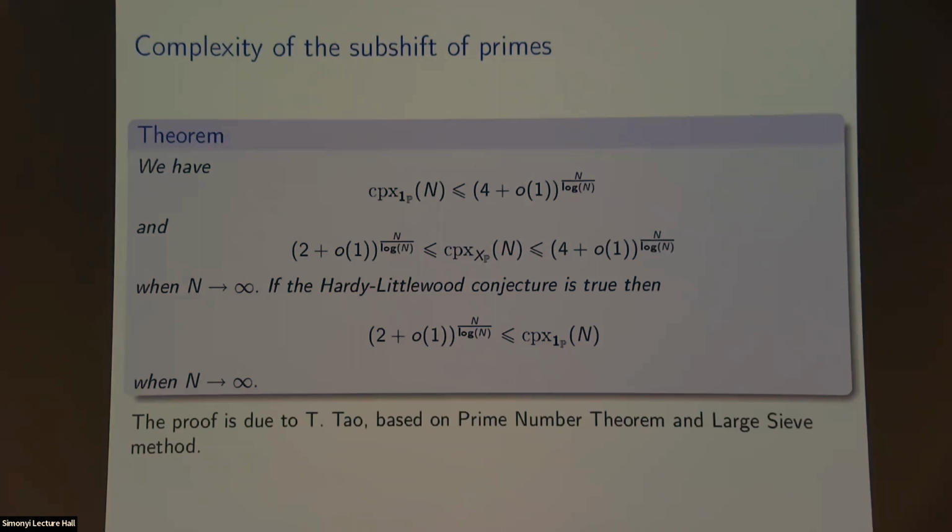This was communicated by Tao, and the proof is due to him, and it is based on the prime number theorem with respect to the lower bound and the large sieve methods with respect to the upper bound. Let me give you some indication how to do it. The lower estimate, say, for the P-admissible shift goes as follows.